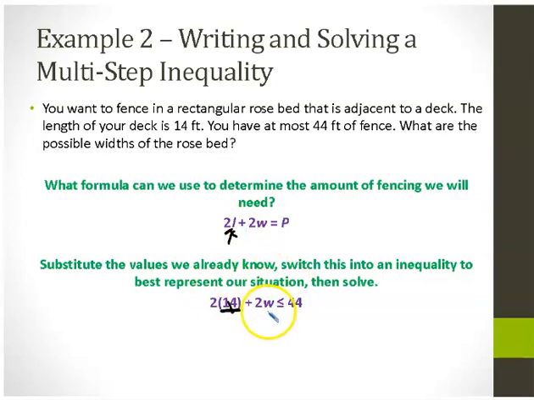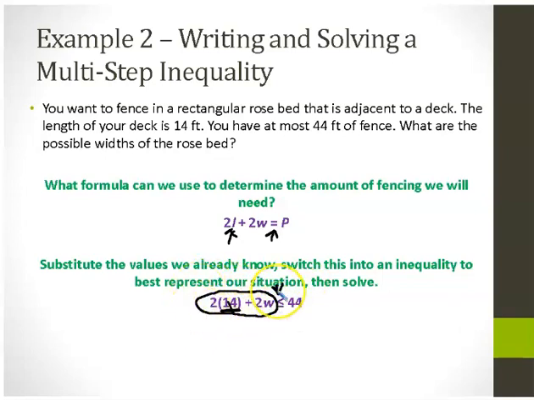We don't know the width, and we know that this expression has to be less than or equal to 44 feet because I don't have any more fence. So my perimeter can't be larger than that. You'll notice I've also changed the equal sign in my formula to an inequality, which is less than or equal to 44 feet.